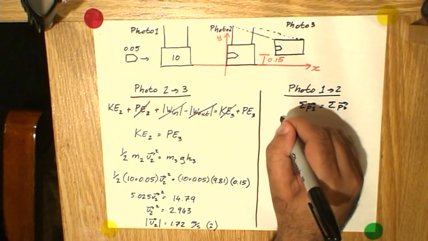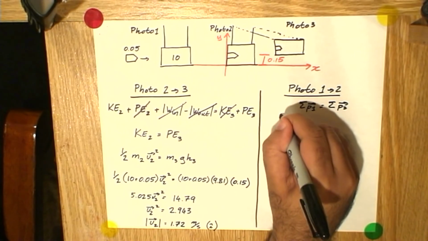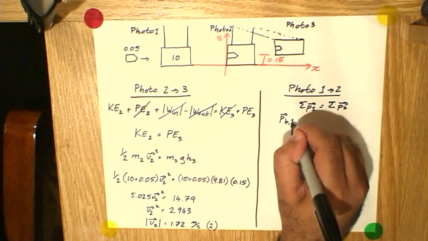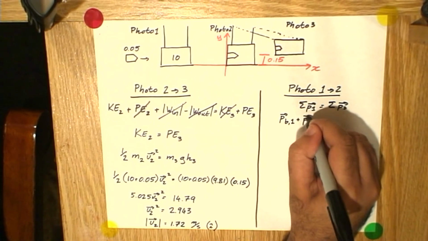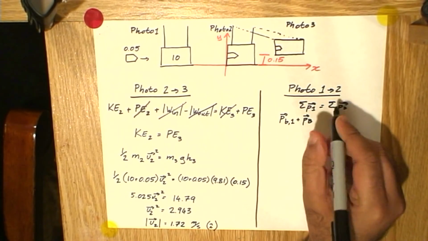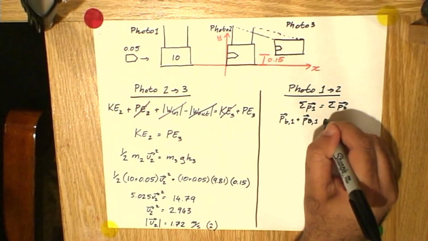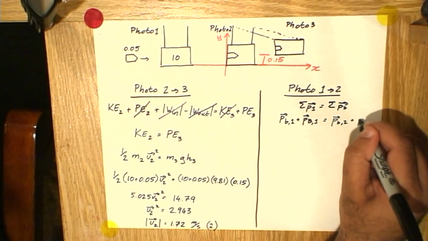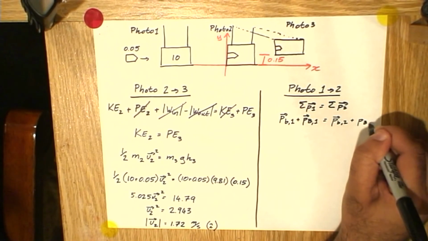Expand that out. The momentum of the bullet, I'm going to label the bullet with a lowercase b in photo 1, plus the momentum of the block, I'll label that with an uppercase B in photo 1, is equal to the momentum of the bullet in photo 2 plus the momentum of the block in photo 2.